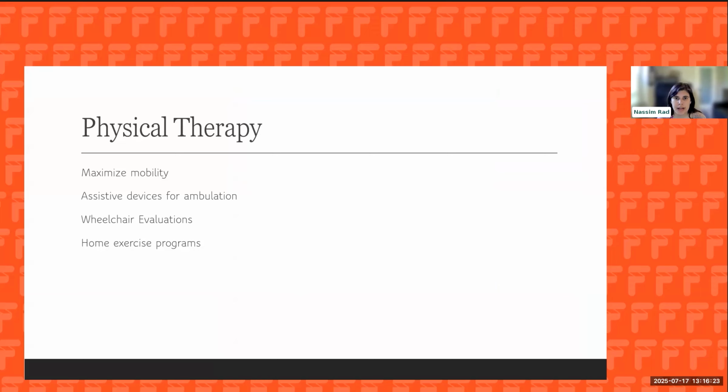So, how do we interact with other disciplines? For physical therapy, we work with physical therapists to maximize mobility and keep you as functional as possible, regardless of whether that means that you're ambulatory or not ambulatory. This includes using assistive devices such as canes and walkers, and making sure you're using them appropriately and that they're fitted for you. If you're in a wheelchair, we make sure that we've given you an appropriate wheelchair, and that we've designed home exercise programs.